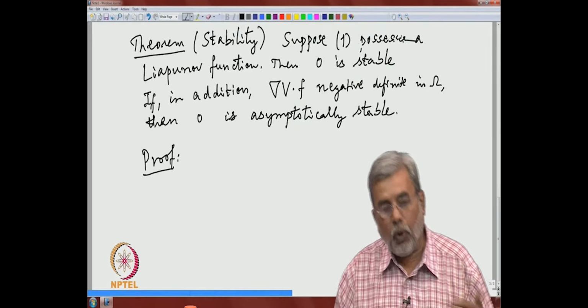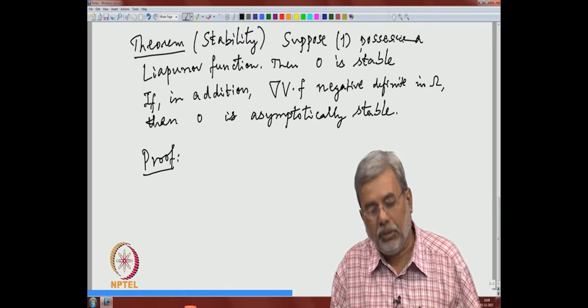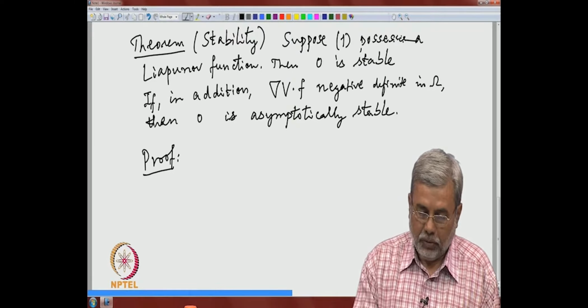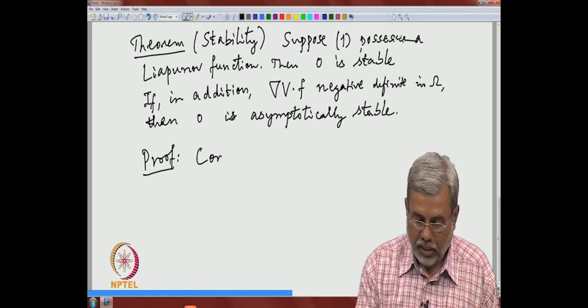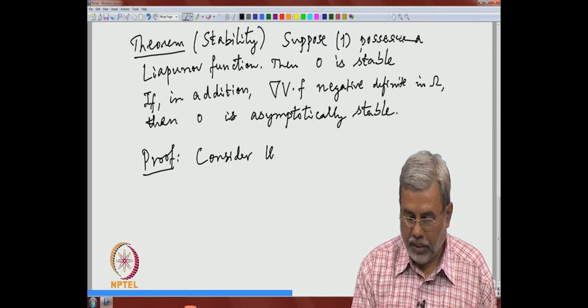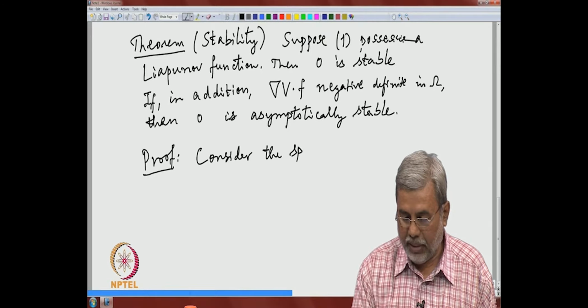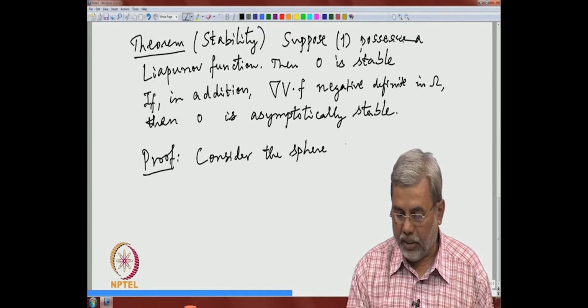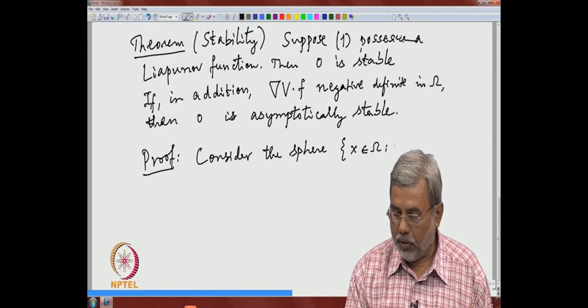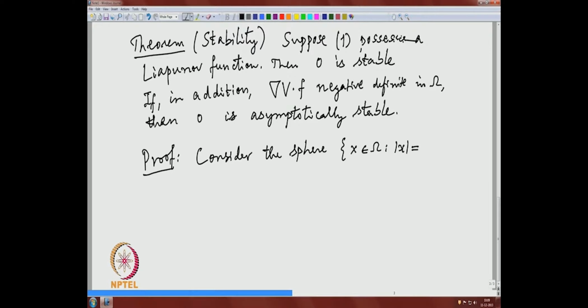So, again you go back to the definition of stability and asymptotic stability. I will not recall that here. Okay. So, consider the sphere. So, this is in n dimension, the set of all x in omega, mod x equal to epsilon.